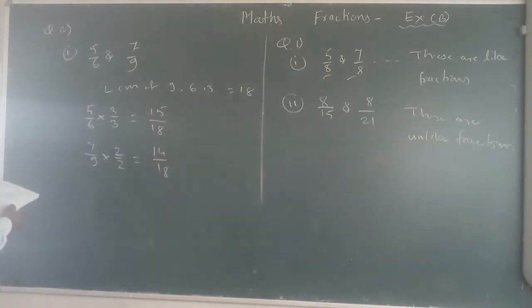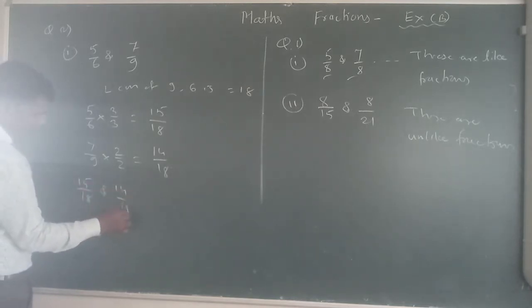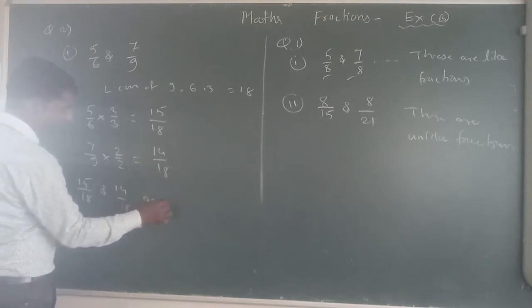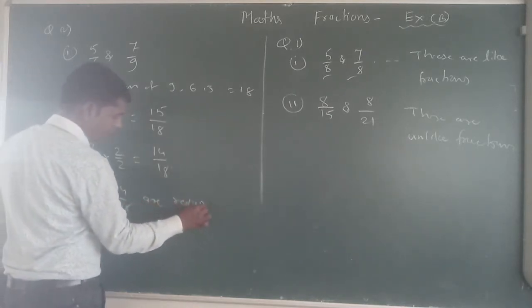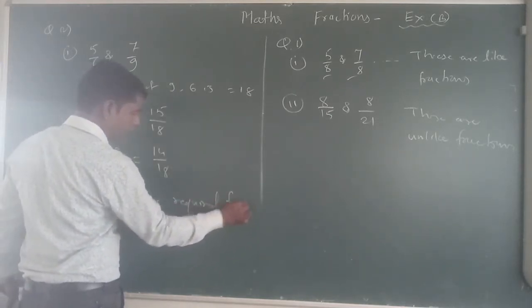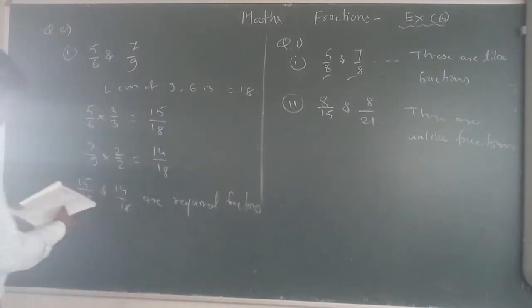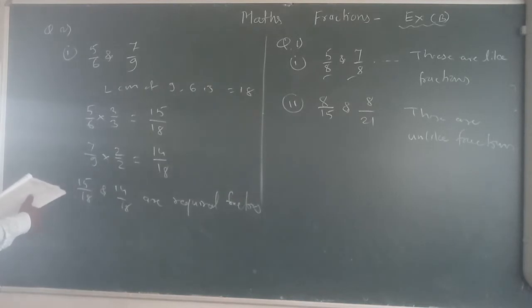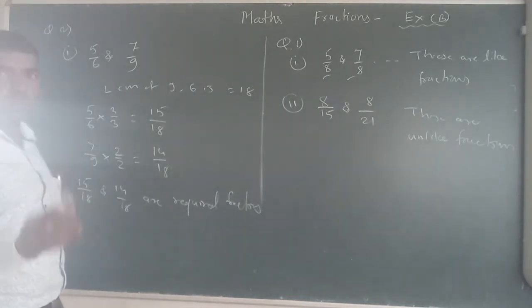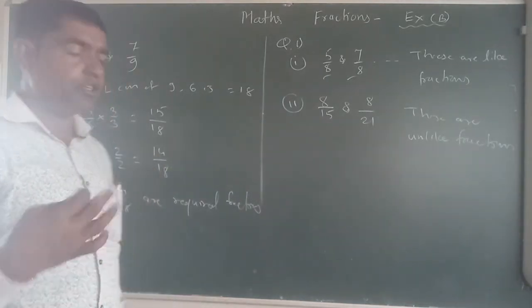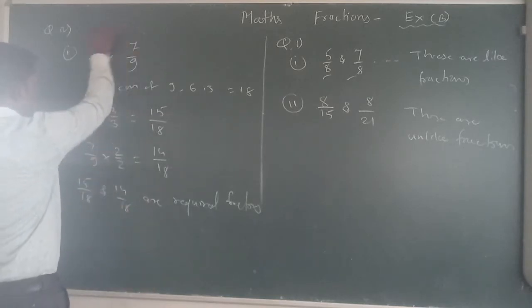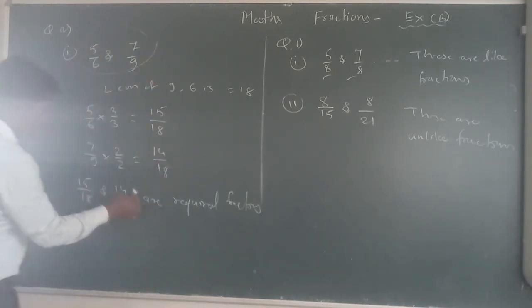Now we have converted these. So these are the required fractions: 15 upon 18 and 14 upon 18. Now we have understood how to convert unlike fractions into like fractions. These were unlike fractions and we have converted them into like fractions.